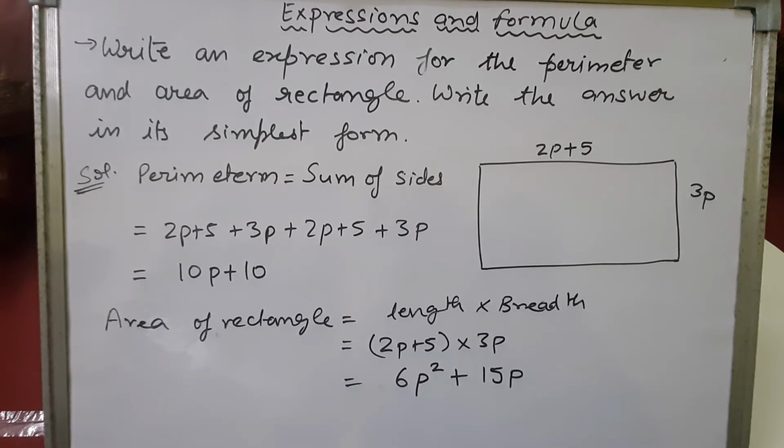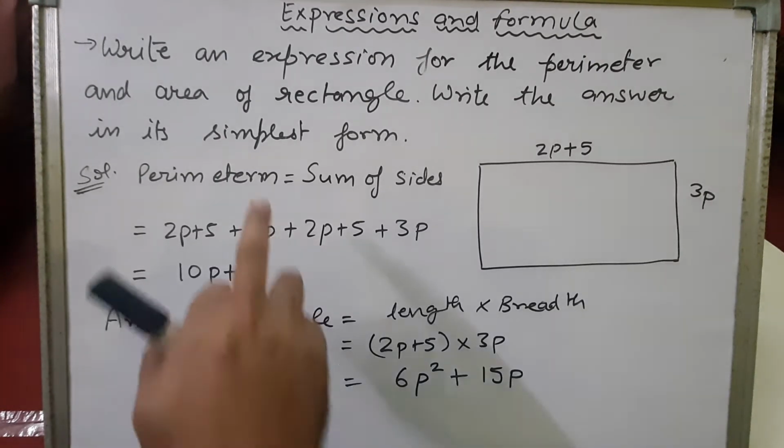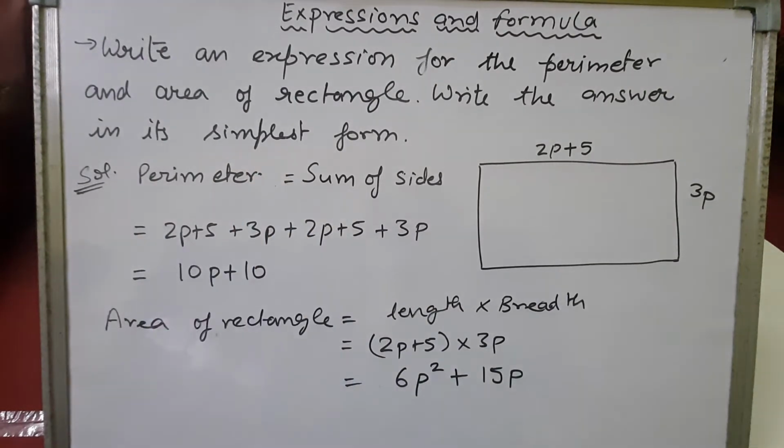We know that the opposite sides of the rectangle are parallel and equal. The perimeter is the sum of all the sides. Generally we write the formula for perimeter as the sum of sides, and for the rectangle we can also write it as twice bracket length plus breadth.